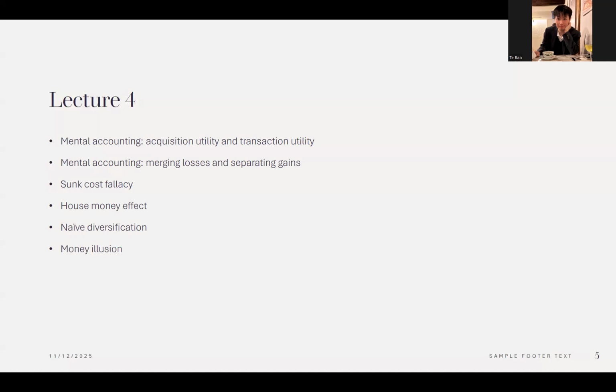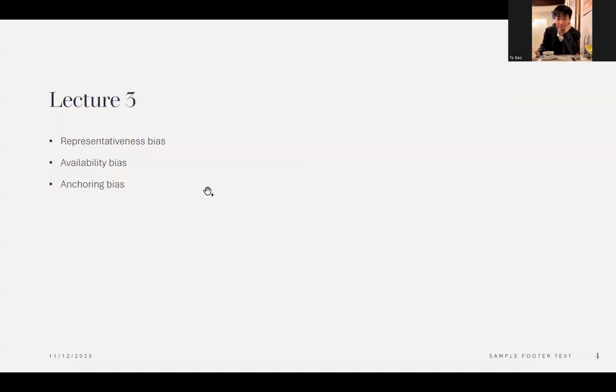And by the way, also for lecture three, under representative bias, there's another big topic: the probability for joint events is always smaller than the probability of the separate events. Take the example about somebody who plays jazz and is an accountant.